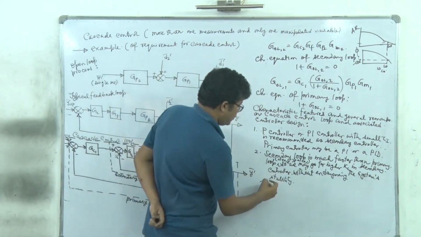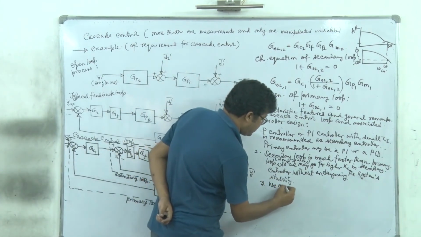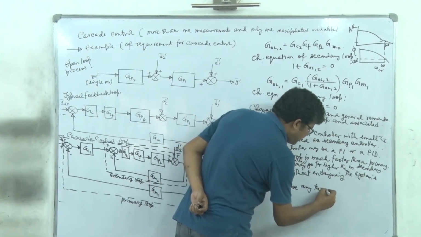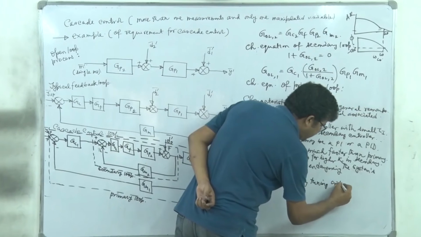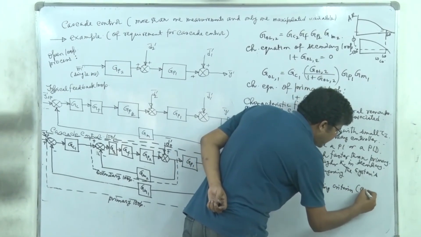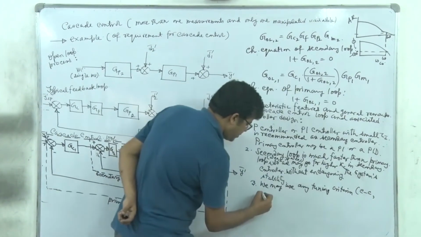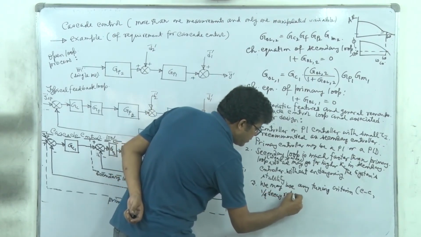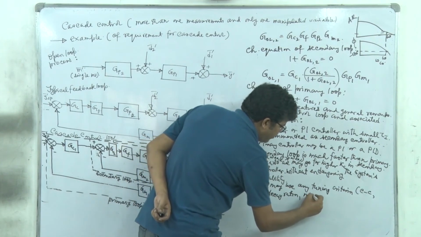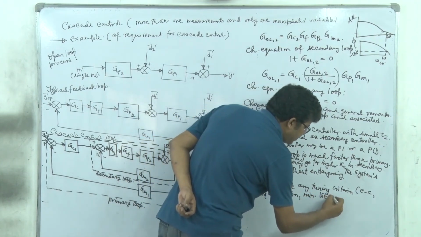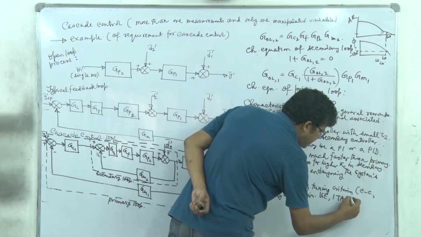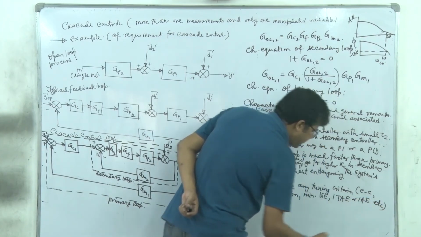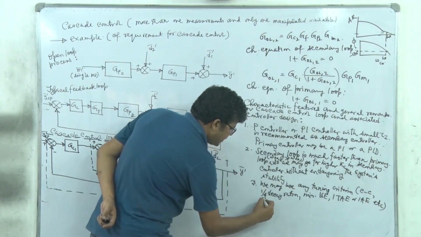So we may use any tuning criterion like Cohen-Coon, 1/4 decay ratio, minimum ISE, ITAE or IAE, etc., anything for the secondary control.